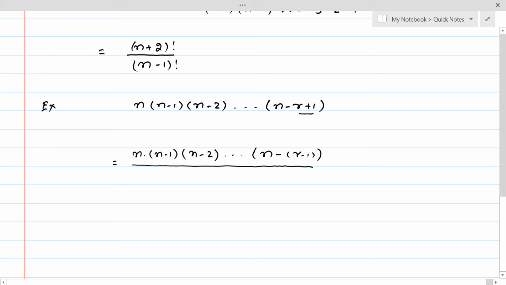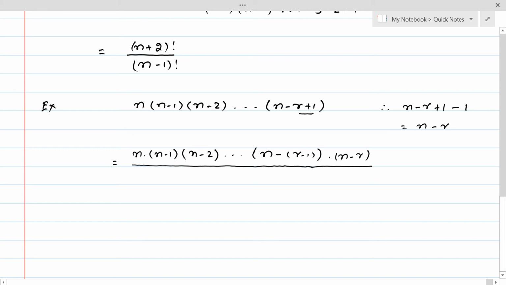N minus r is 1 less than n minus r plus 1. If we take away 1 from it, this will give us n minus r.